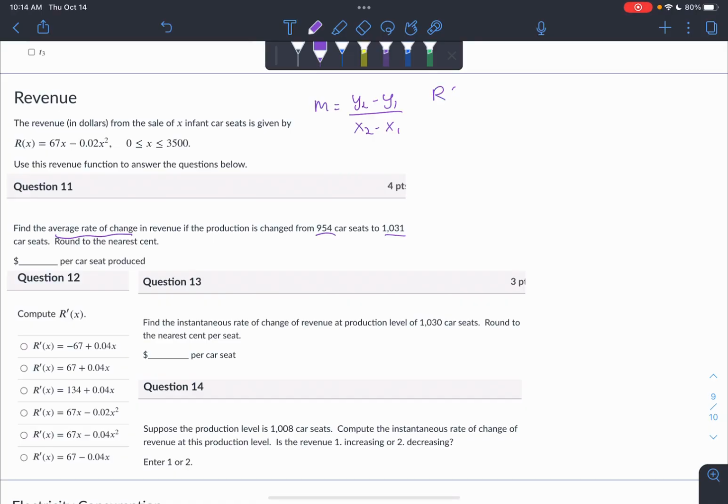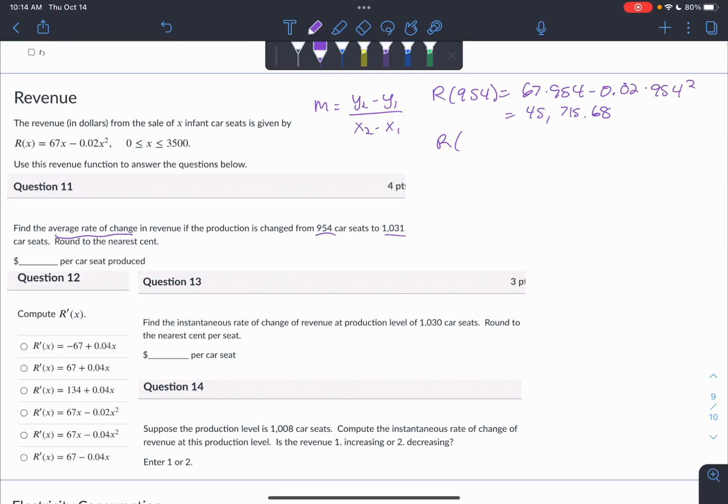So if we plug in an input of 954 into our revenue, that's 67 times 954 minus 0.02 times 954 squared. This will come out to be 45,715.68.